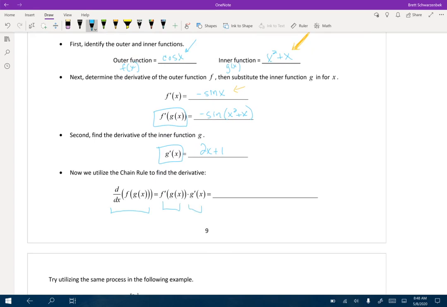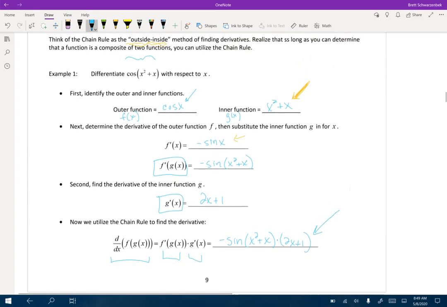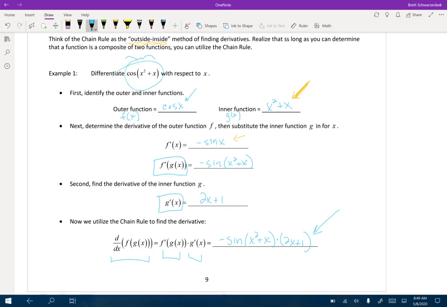That means we can simply do this. The derivative of our composite function is negative sine of x squared plus x, times 2x plus 1. So this literally is the answer to our problem. That is the derivative of our function cosine of x squared plus x.